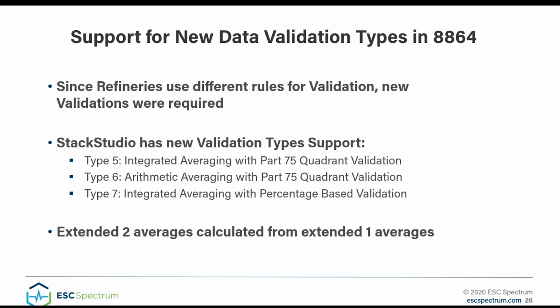So the new validation type support includes type 5, integrated averaging with Part 75 quadrant validation; type 6, arithmetic averaging with Part 75 quadrant validation; and type 7, integrated averaging with percentage-based validation, and extended 2 averages calculated from extended 1 averages.